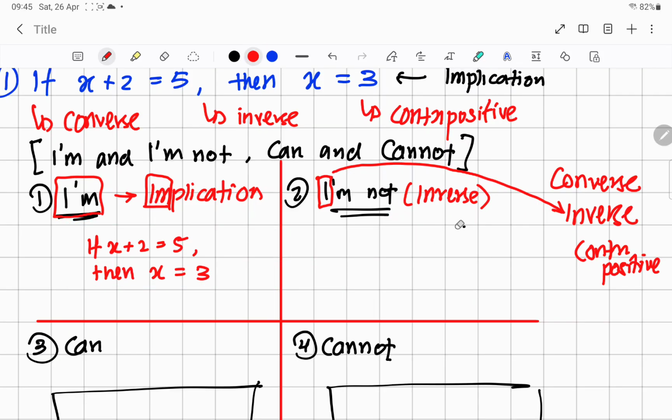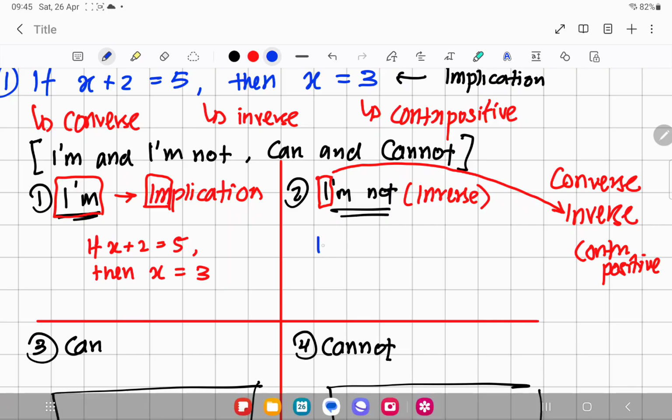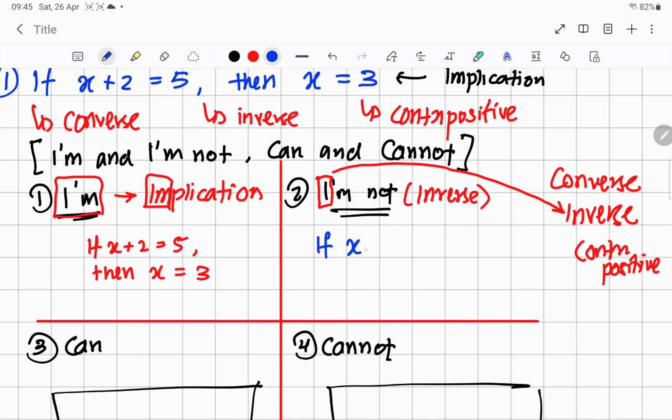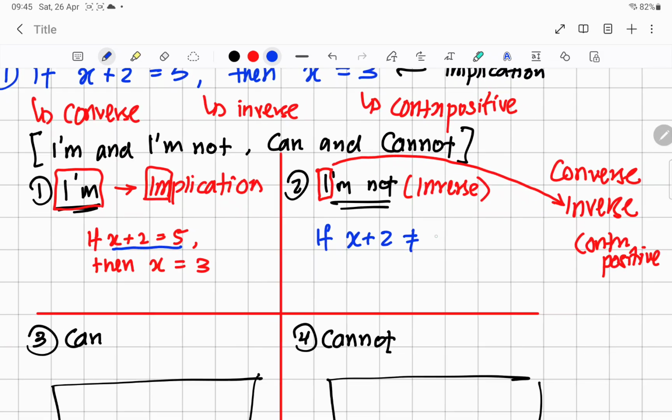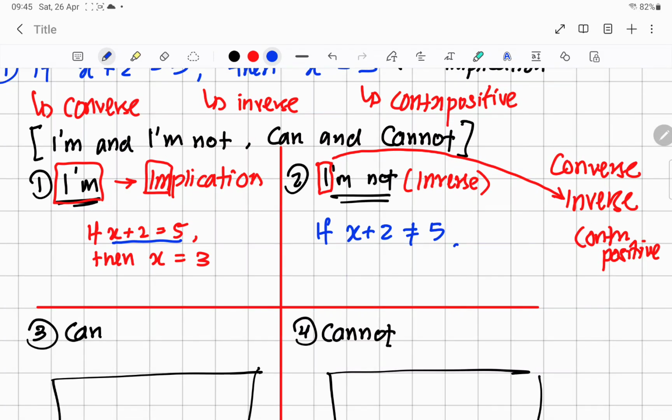How do you negate? If x plus 2 not equals 5, and then you negate this one again, x not equal to 3. So this is your inverse already.